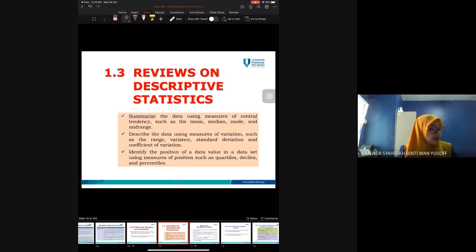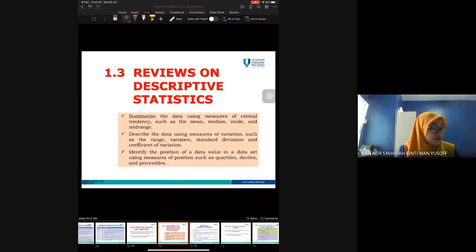And then the last measure is the measure of position. We use measures of position to get information about the location of our data. We have quantile, decile, and percentile. So we have three measures here.